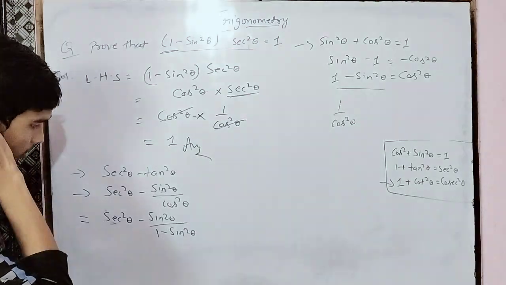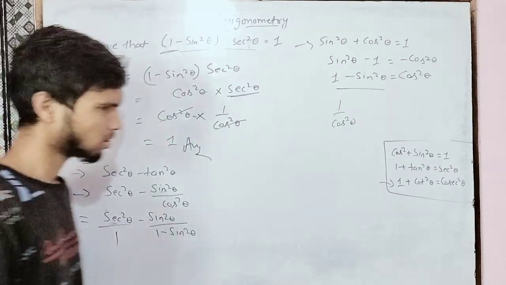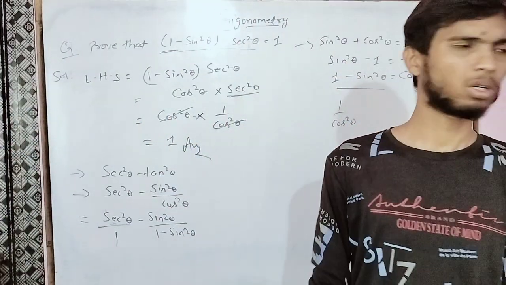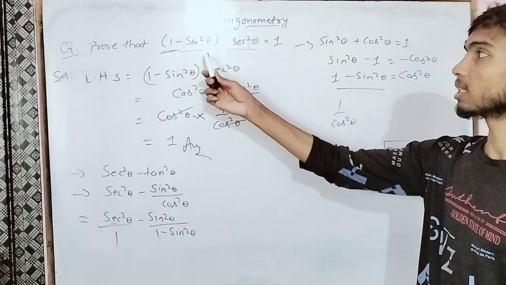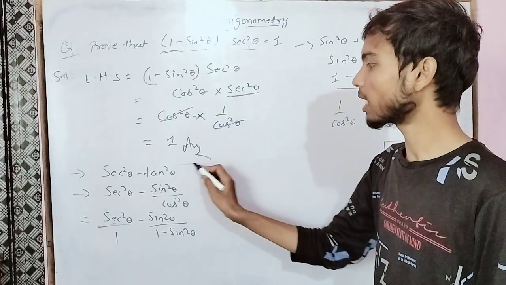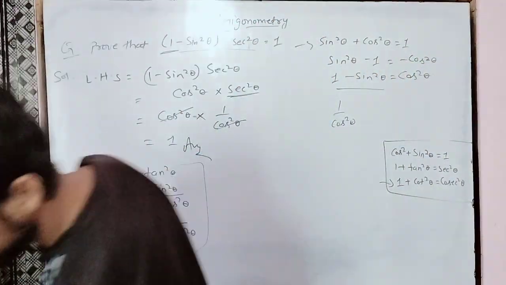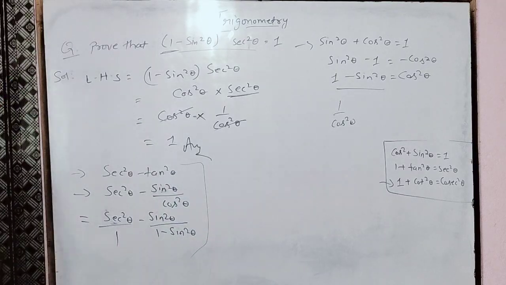Clear? What else? Then we have what? So it is possible to bring this much by this. By solving like that you can bring it. It is in your hand. Next question I would like to write. Let's see next.